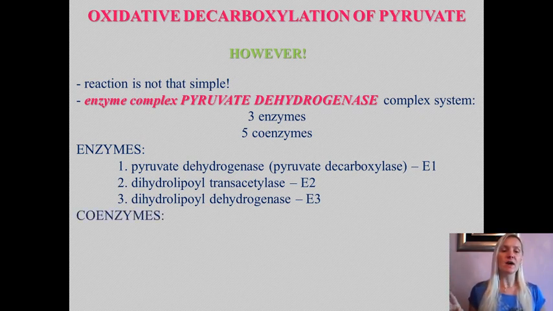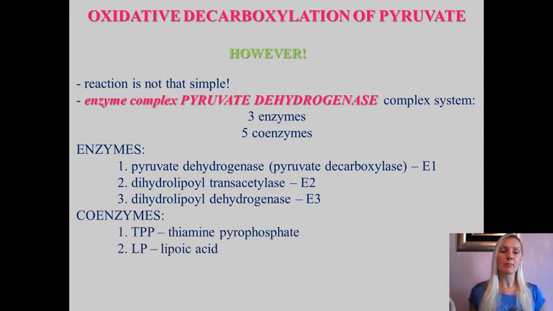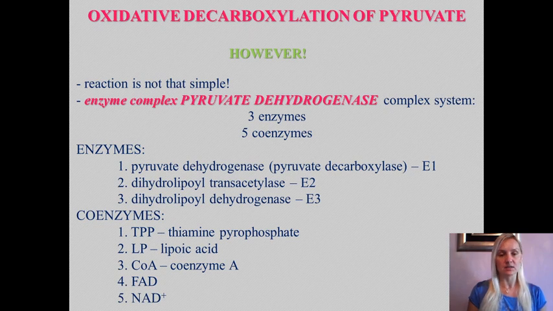Let's list those 5 coenzymes. First, thiamine pyrophosphate, TPP, then lipoic acid, LP, coenzyme A, CoA, FAD, flavin adenine dinucleotide, and NAD+, or nicotinamide adenine dinucleotide.